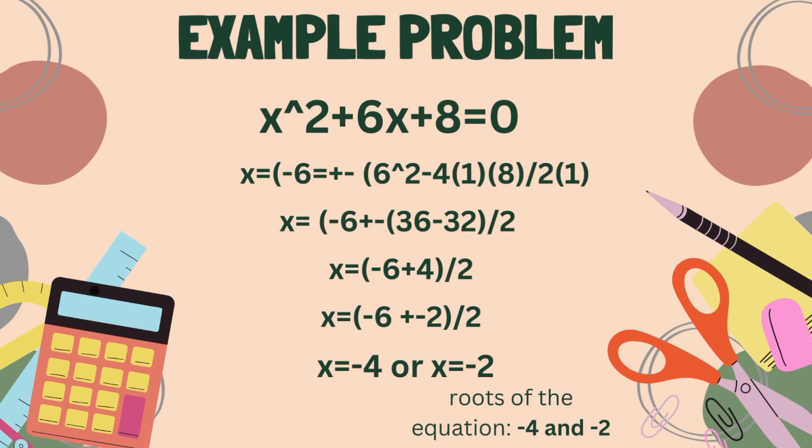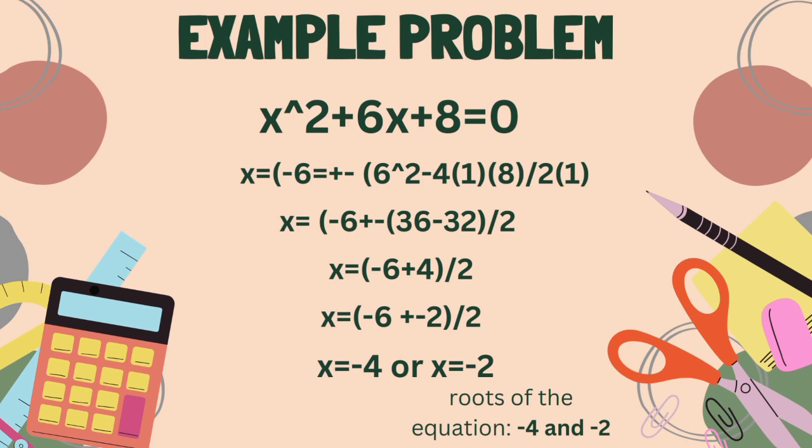If we apply the quadratic formula, we get x is equal to negative 6 plus or minus the square root of 6 squared minus 4 times 1 times 8, all over 2 times 1. x is equal to negative 6 plus or minus the square root of 36 minus 32, over 2. x is equal to negative 6 plus or minus 2, over 2. And lastly, x is equal to negative 2 or x is equal to negative 4. So the roots of the equation are negative 4 and negative 2.